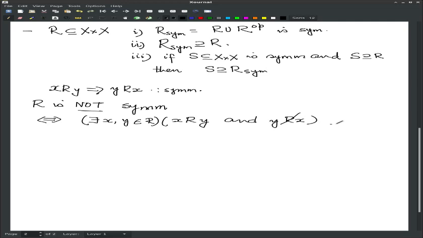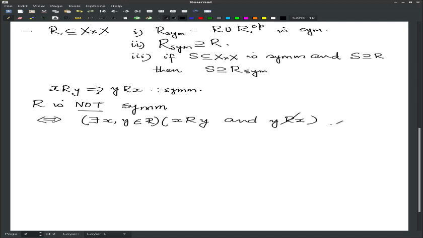So xy is in R, but yx is not. So you see, it fails to contain some. So you have to put in those things. You have to inject those extra things to make it symmetric. Okay? All right? So I leave it again to you.